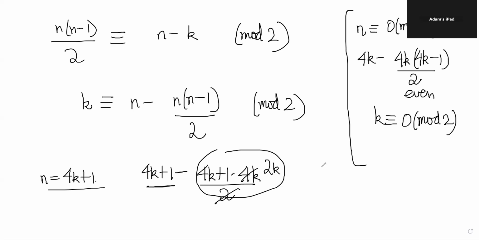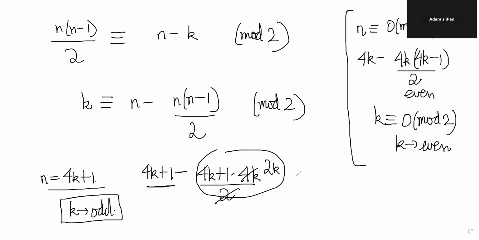So in this case, k is odd, correct? In the previous case, k was even, by the way. Similarly, you can check the case where n is 4k plus 2. In that case, you will get k is again odd. You can check it out.